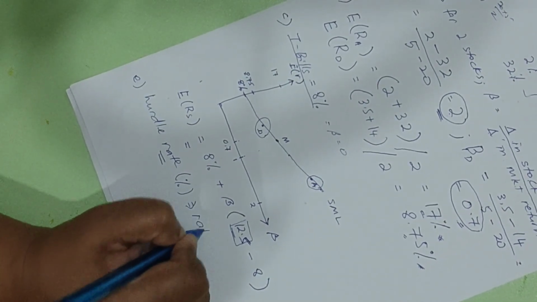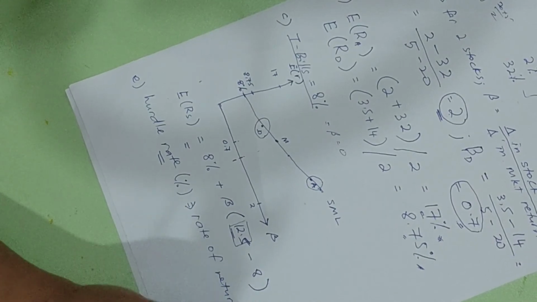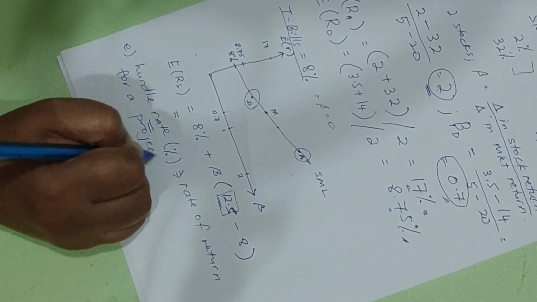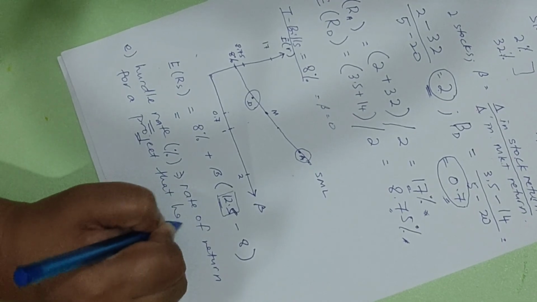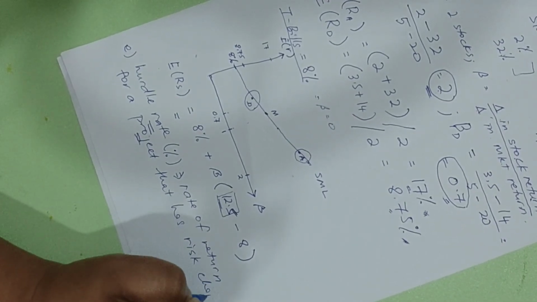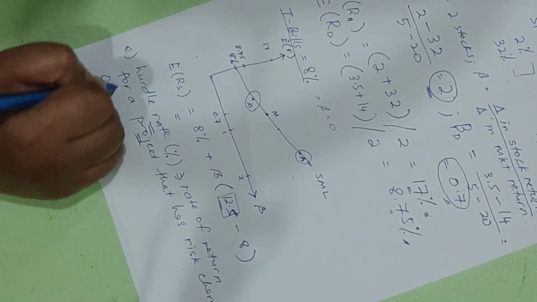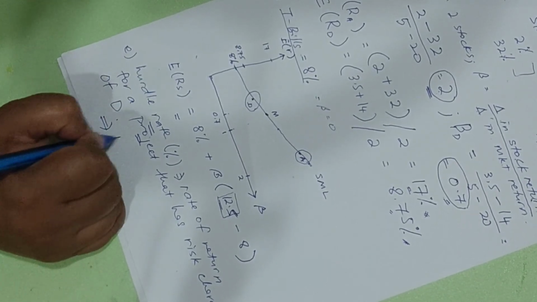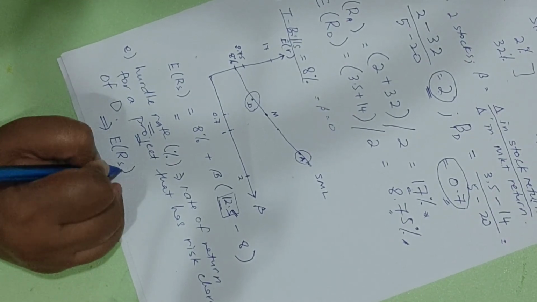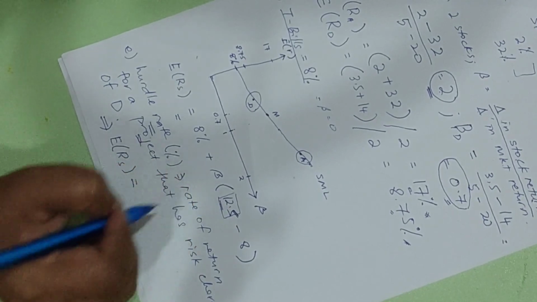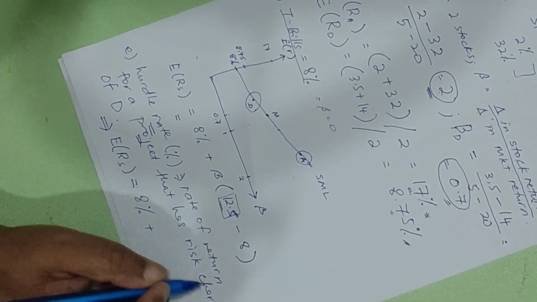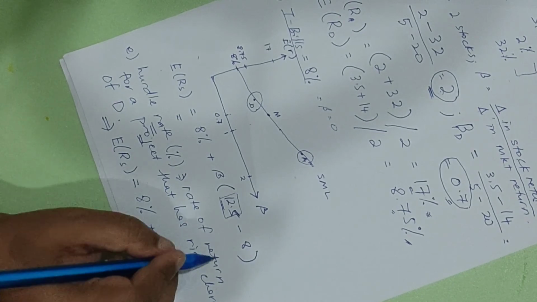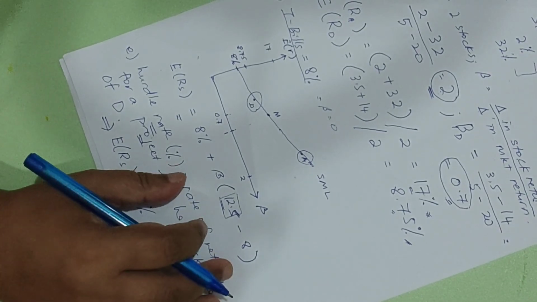Now let me write it down. You want to find the rate of return for a project that has the risk character of D. So here you find ER, take this one, 8% plus, because we have the risk character of D, we go back to D's beta now.